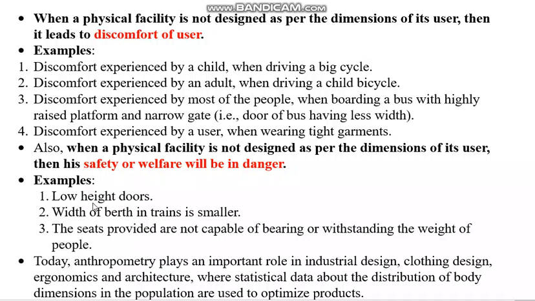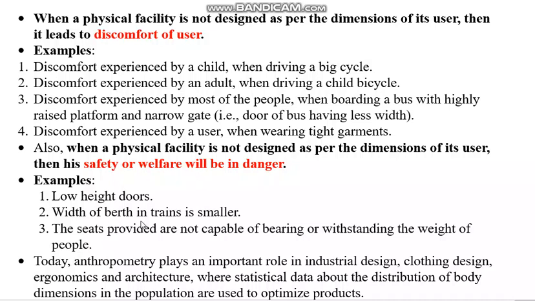When you go to villages, there are some huts where the doors are very low, so you have to bend and go in. If by mistake, without seeing, while talking to somebody you just go in, what will happen? Your forehead will bang against the doorpost. Low height doors may cause you some injury. So there is danger.